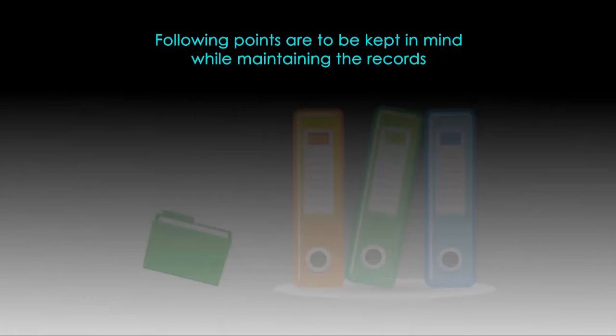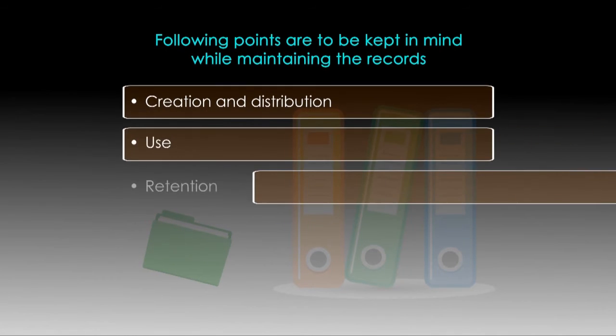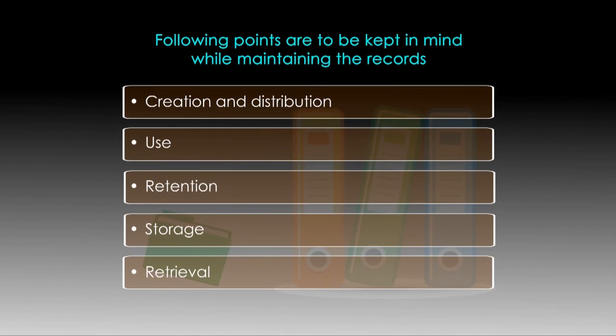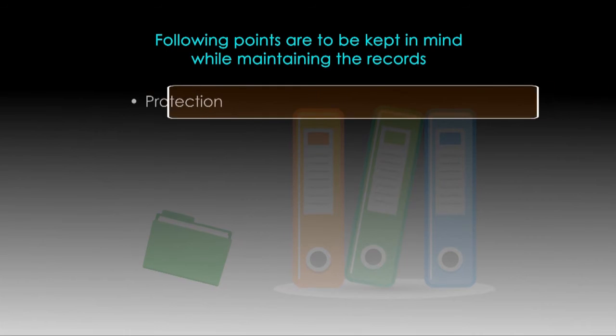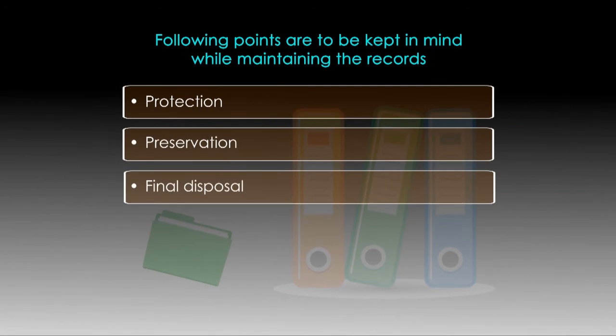Records, therefore, are an important means of accountability because they provide proof. Thus, while maintaining the records, the following points are to be kept in mind. They are creation and distribution, use, retention, storage, retrieval, protection, preservation, and final disposal.